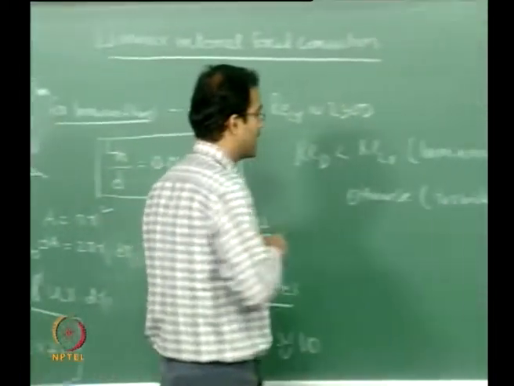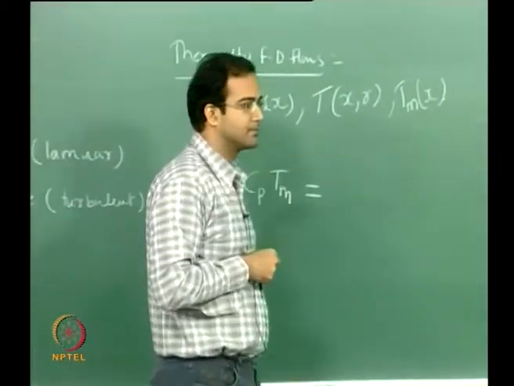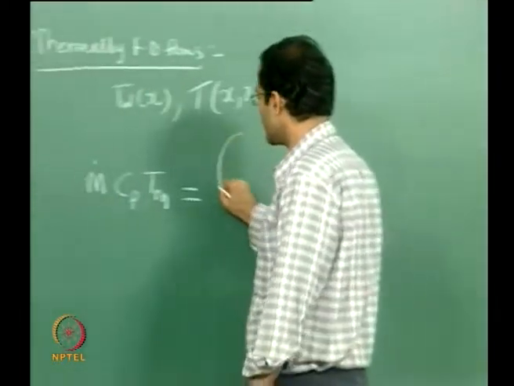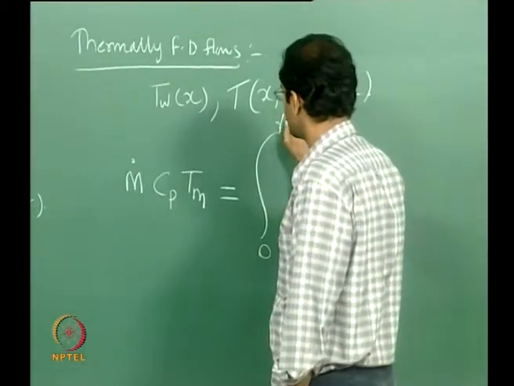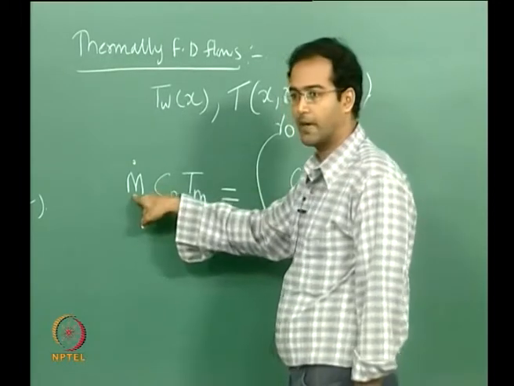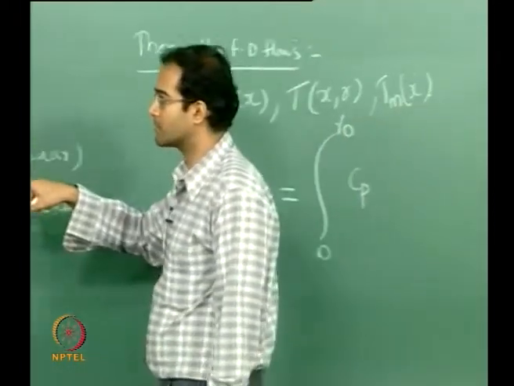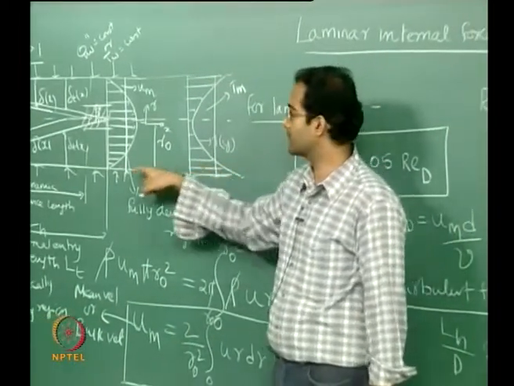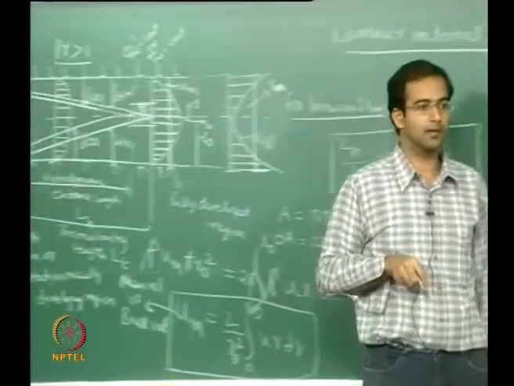How do you calculate the enthalpy of that? Integral 0 to r naught. So Cp, my m dot now will be, now there is a velocity profile also here. Please remember, corresponding to this temperature profile there is a parabolic velocity profile.